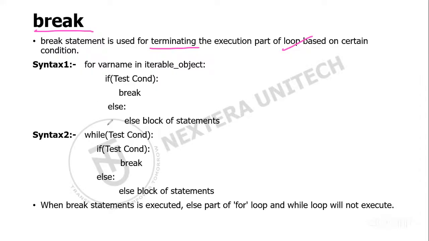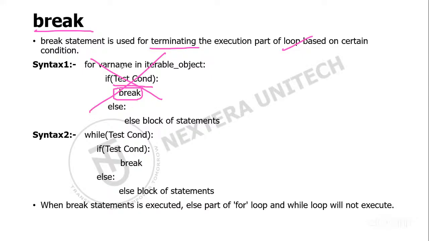Here is the syntax. When this test condition satisfies, obviously it means it has to enter the if block. What do you have within the if block? There is only one statement, it is break. This break helps us to stop the loop.